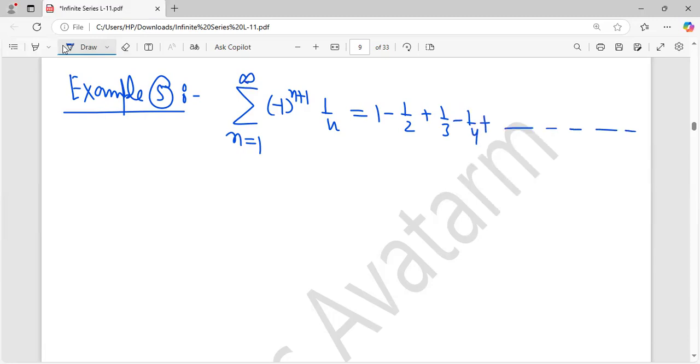We have already checked by the Leibniz test that this series is convergent.